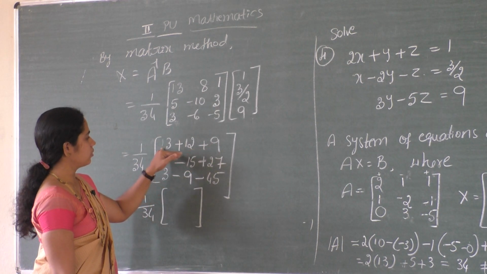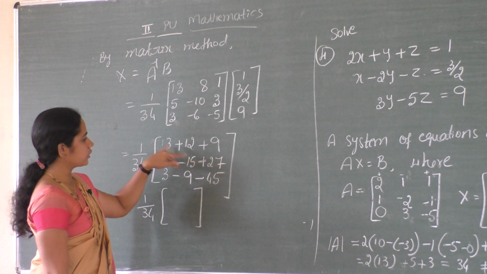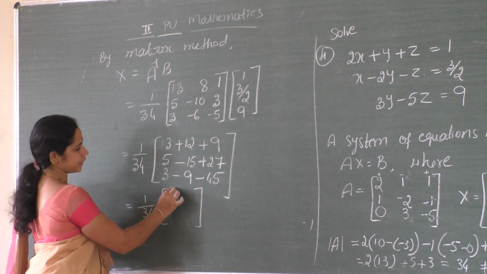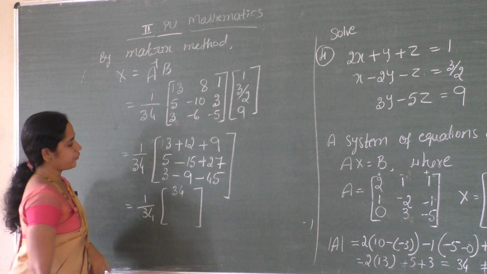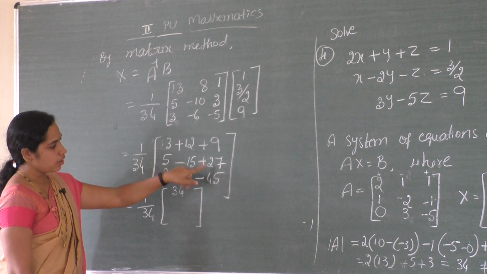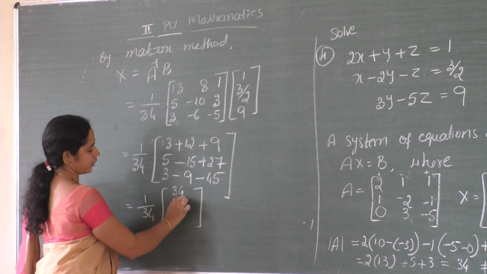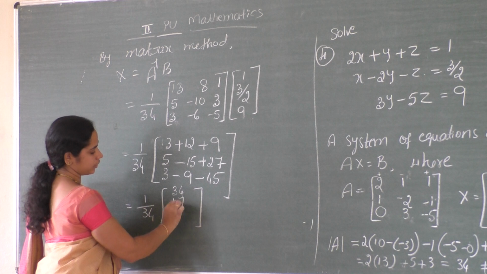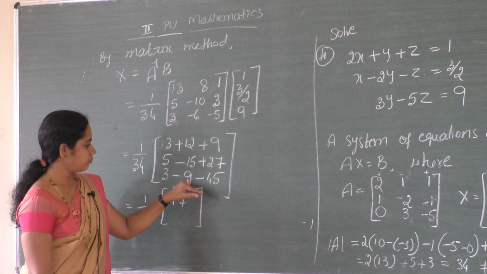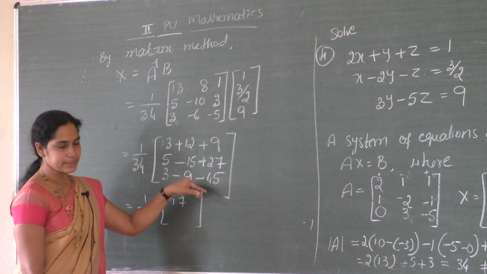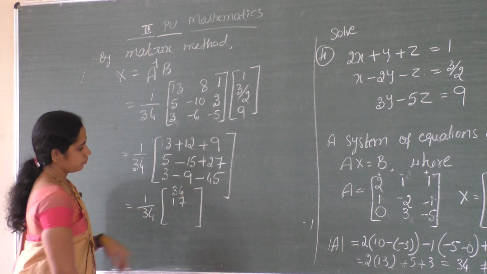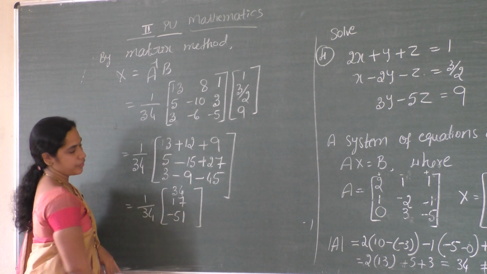This is equal to 1 by 34 into, here 13 plus 12, 25, 25 plus 9, 34. 5 minus 15 minus 10 plus 27, that is plus 17. 3 minus 9 minus 6 minus 45, that is minus 51.